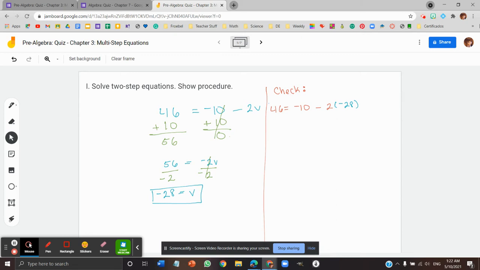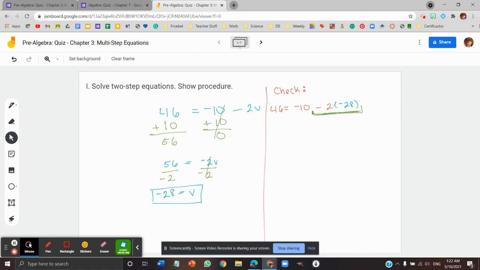Again, I don't have a multiplication. I don't have a parentheses because this parentheses is telling me that there's a multiplication, not to solve anything inside of that parentheses. I don't have any exponents, but I do have a multiplication, right? So that is what I'm going to try to solve first. And again, I take everything that is before that 2.